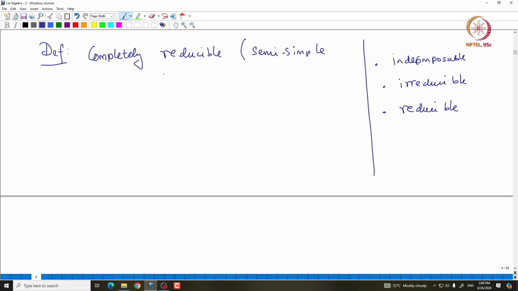Completely reducible modules in module theory, or if you want to use the language of representation, are called semi-simple representations. So, what are the completely reducible modules?